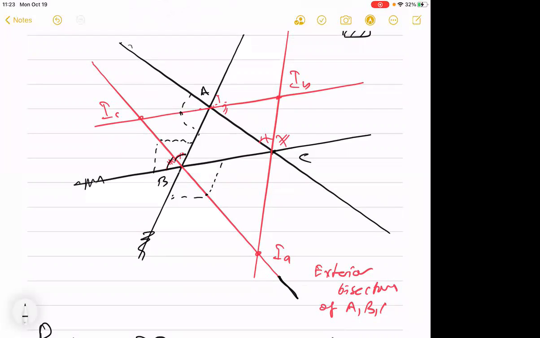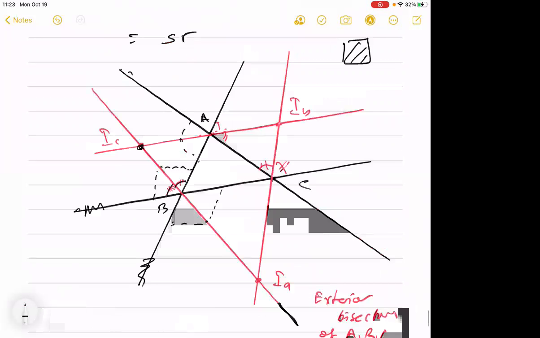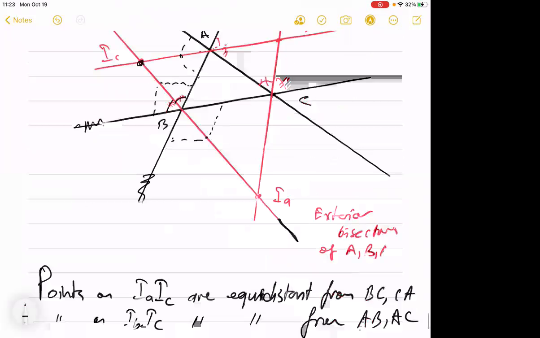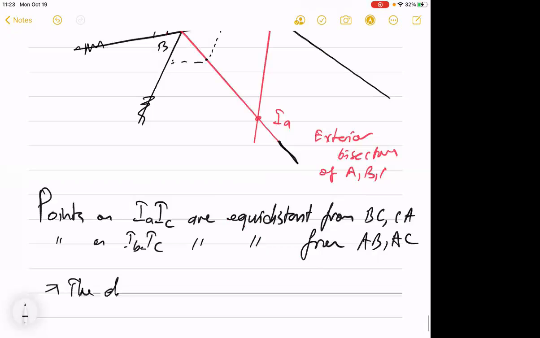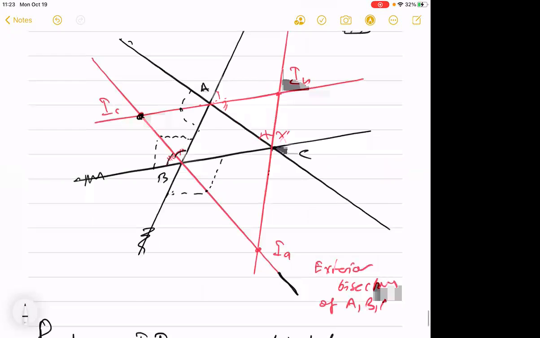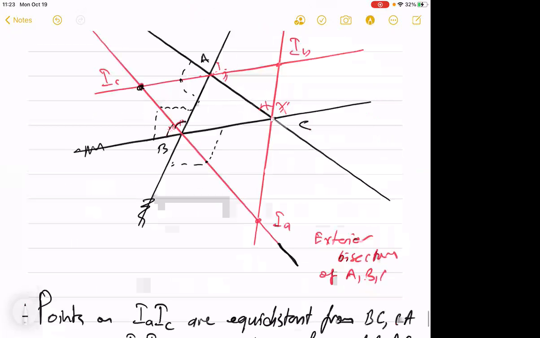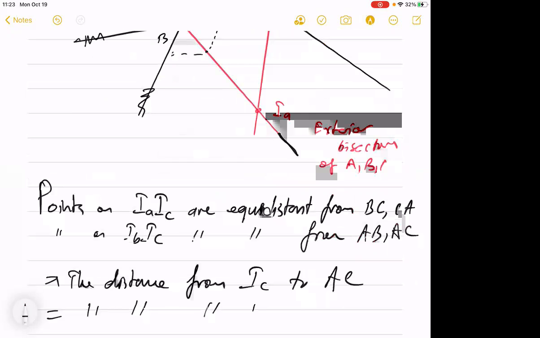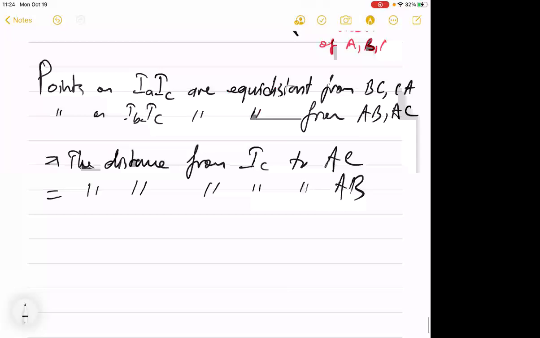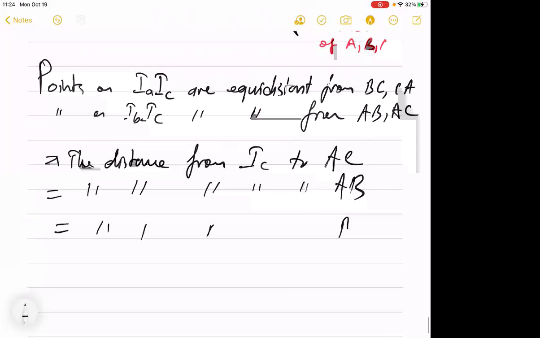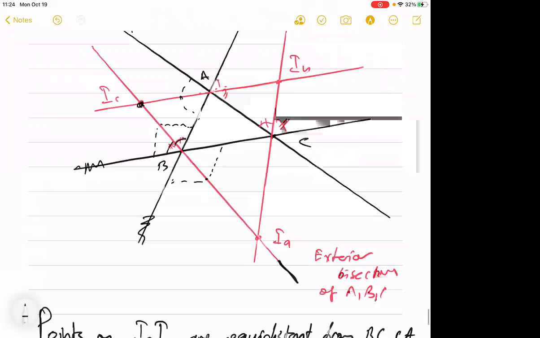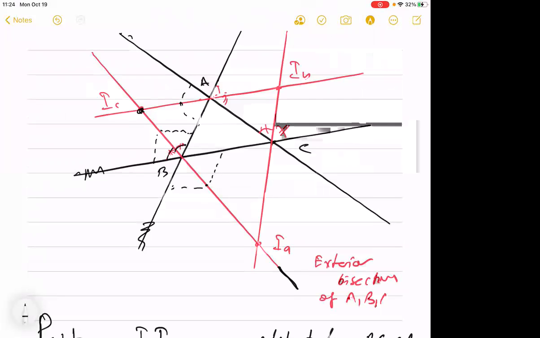But now, if you look at this point, the distance from IC to AC is equal to the distance from IC to AB, and it's also equal to the distance to BC by this above. So the distance of this point to these three black line segments is the same.